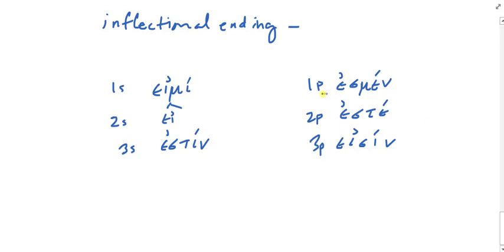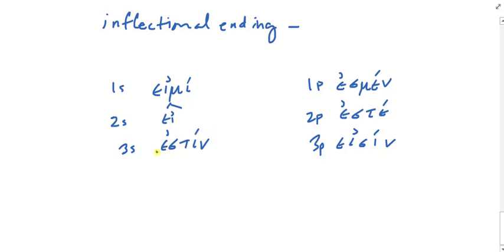Notice that in the first and second singular and the third plural, we don't have the smooth breathing over the epsilon, do we? Why not? That's right. These are diphthongs. And the diphthong has its breathing mark and its accent over the second member of the diphthong.